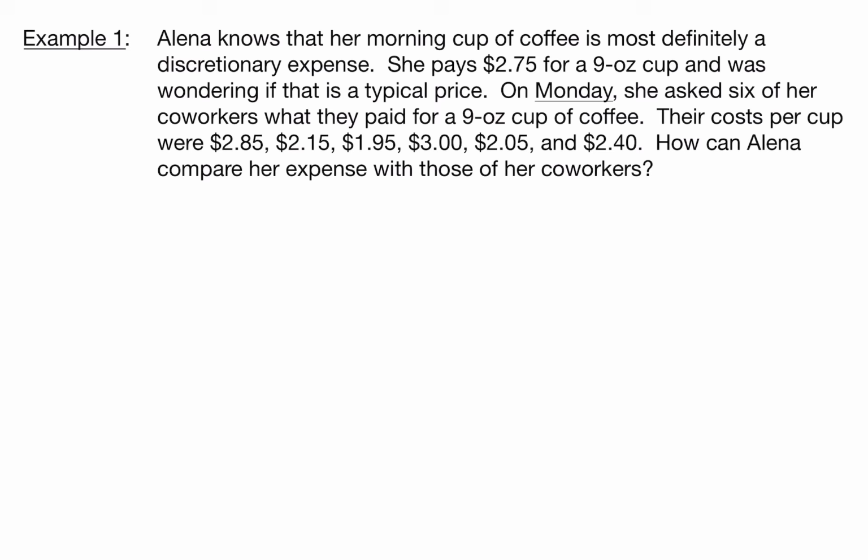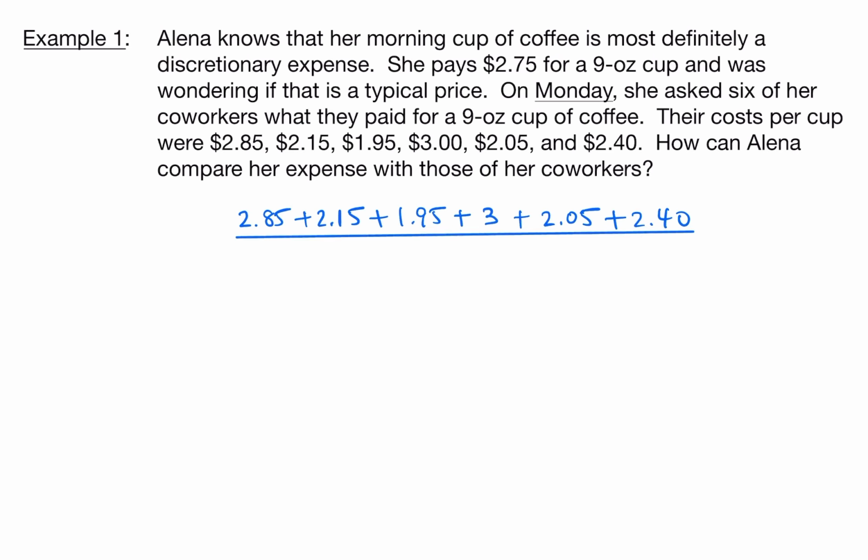Okay, so one of the first things that we could do is find the average cost and see how the average cost compares to what she pays. Okay, so we're going to take $2.85, add $2.15, add $1.95, add $3, $2.05, and $2.40, and we're going to divide this by the number of costs, right? So we have 1, 2, 3, 4, 5, 6.